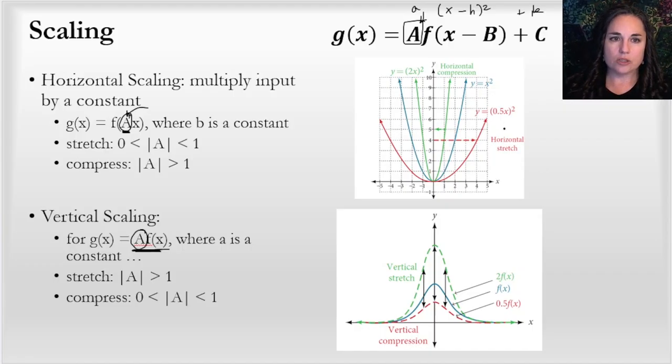And you see that on these graphs. If I put the scaling factor inside with the input, I'm going to get a horizontal stretch or compression. It's going to make it go like this. If I put it outside and I multiply the output by the scaling factor, that's going to make it taller or shorter.